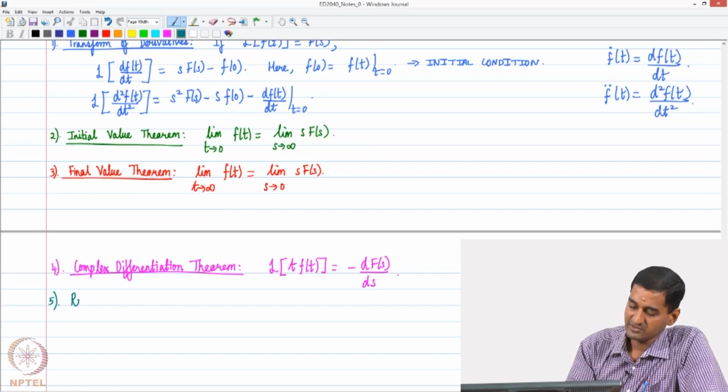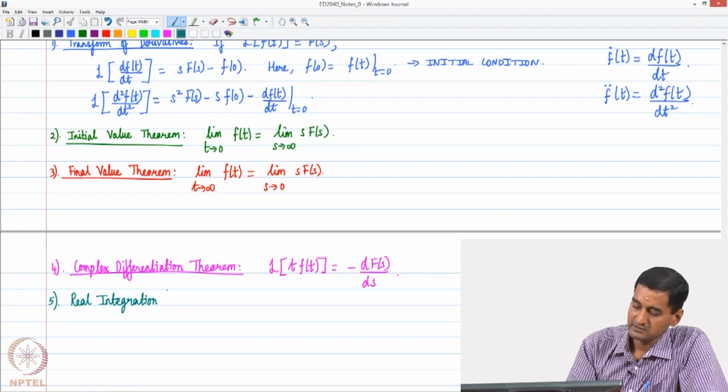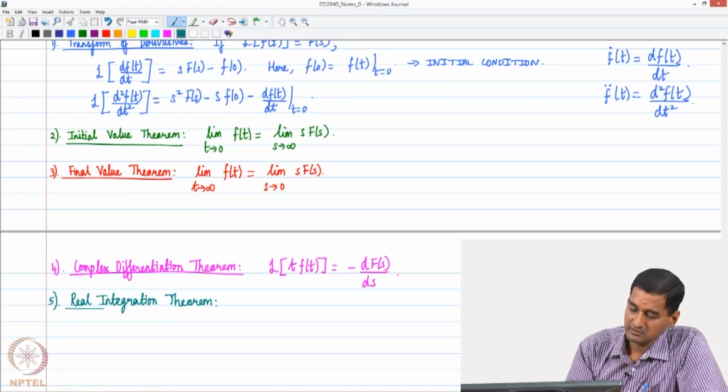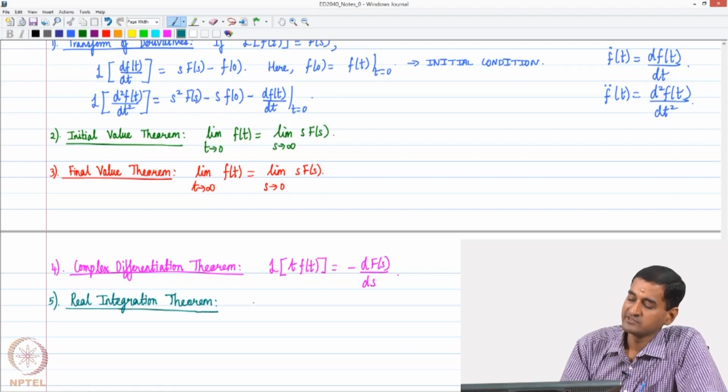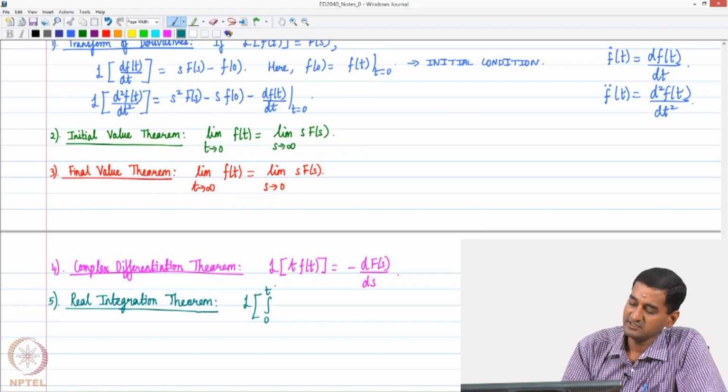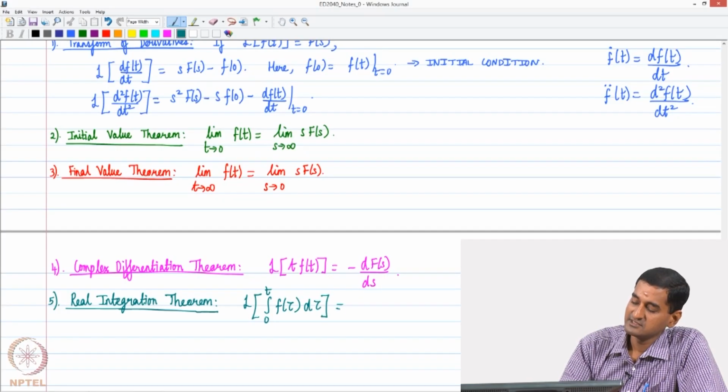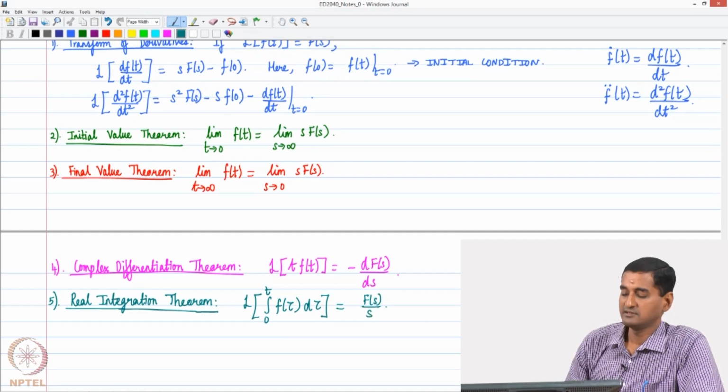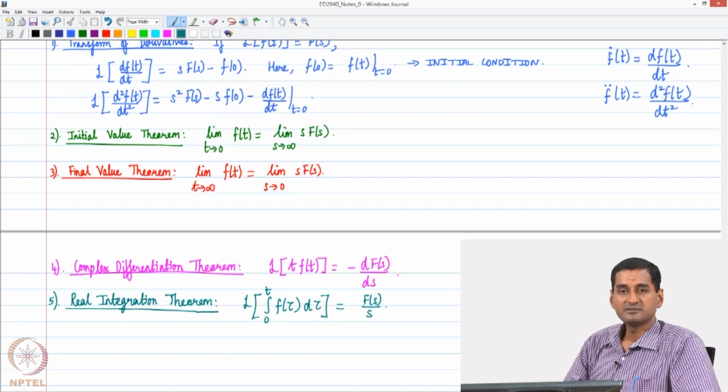Then there is something called the real integration theorem. Let us say I integrate the function f of t between 0 and t. What we have is that the result is F of s divided by s.